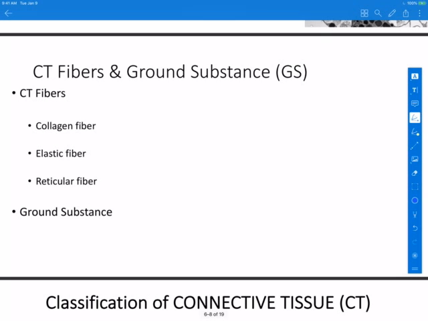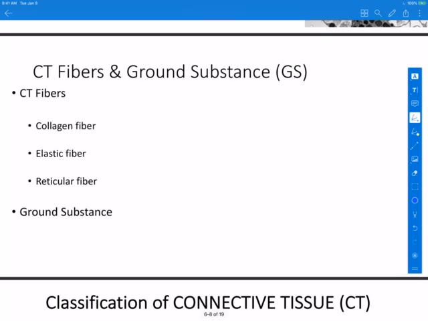However, if we really wanted to get specific, there are actually three types of collagen fibers, and one type of those collagen fibers is actually used to make reticular fibers. But we are mainly going to focus on three main classes of fibers.